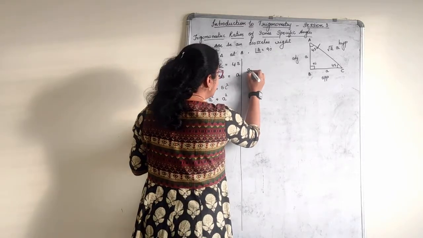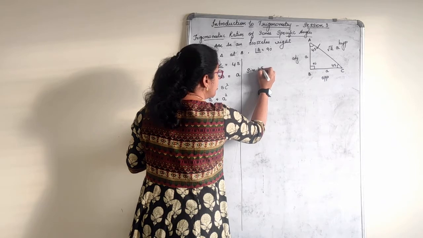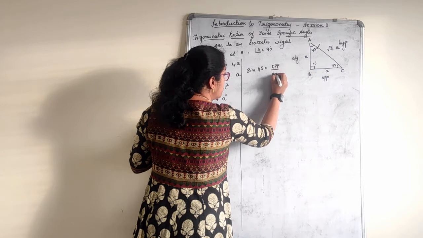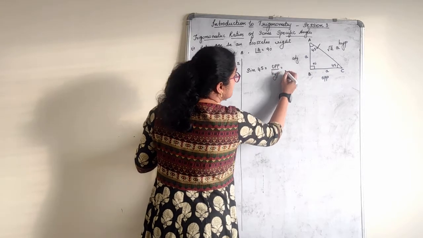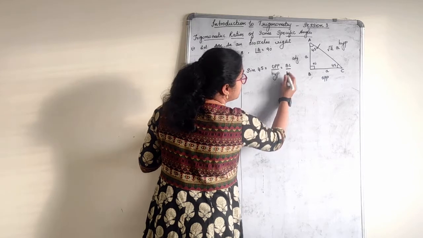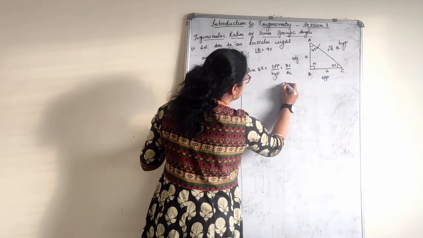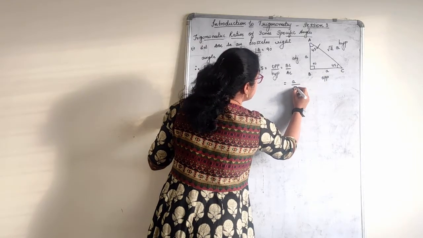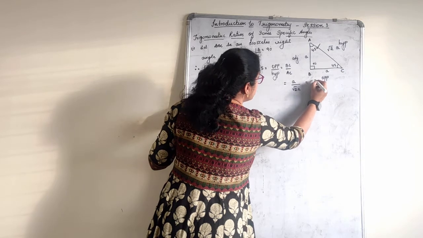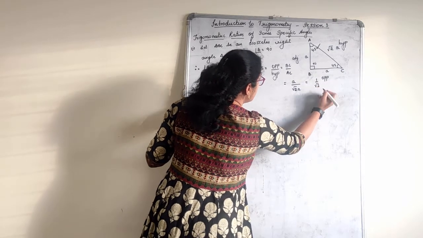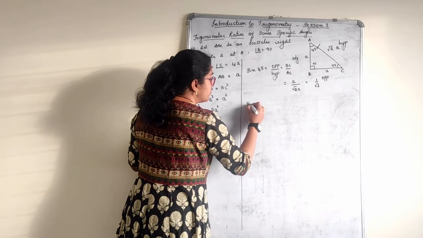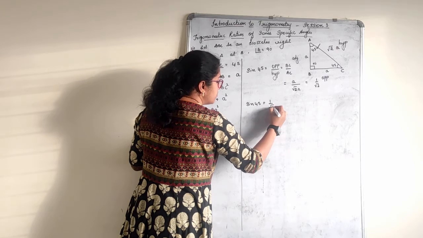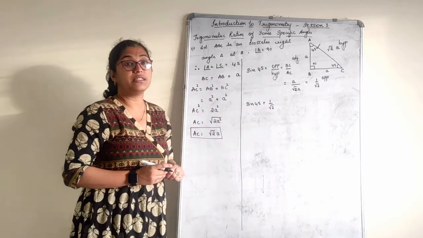So my first T ratio will be sine 45, that is opposite upon hypotenuse, which is nothing but BC upon AC. BC is a, AC is root 2a, so it is 1 by root 2. Sine 45 is 1 by root 2.